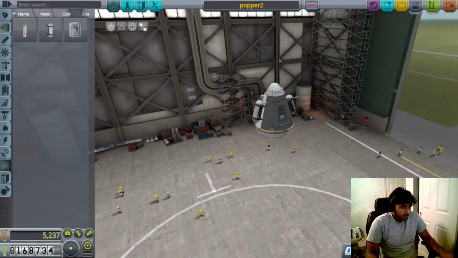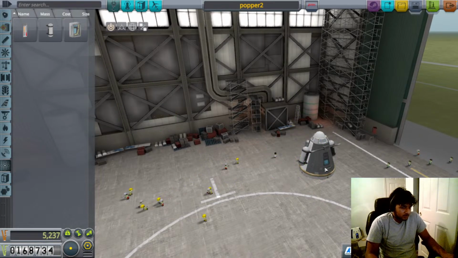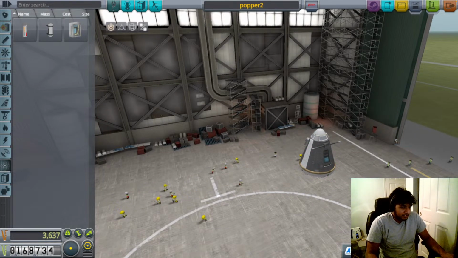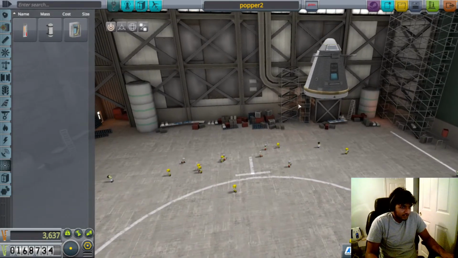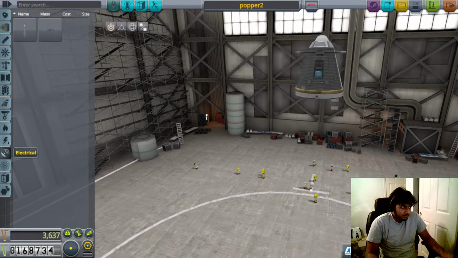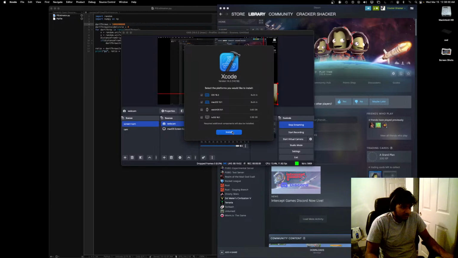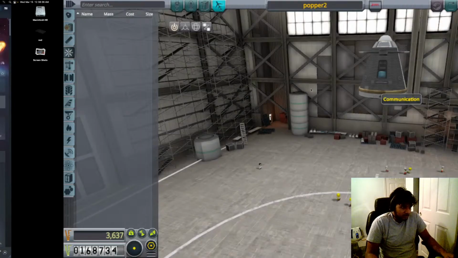Then we have the two goo containers, which I think we can just get rid of for now, because we won't need to carry those goo containers everywhere we go. Got a lot of goo data. Okay, this looks good. Payload, don't need anything there. Don't want Xcode right now.